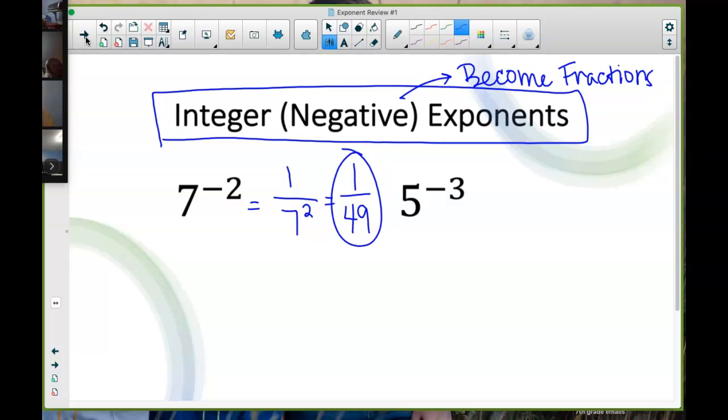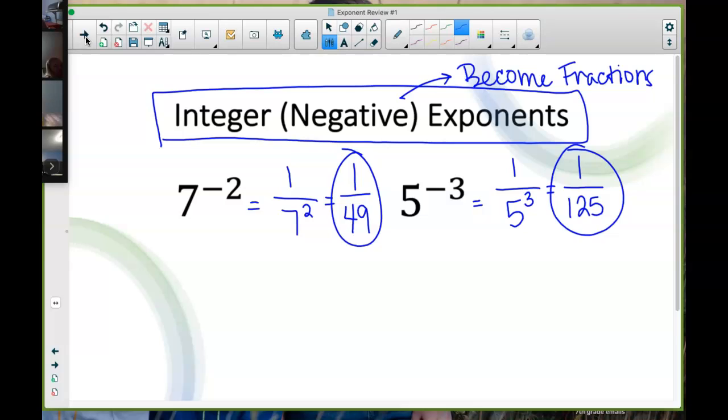Let's do the next one. 5 to the negative third power is 1 over 5 to the third power. You always make it a fraction. Then 5 to the third power is 125, so it's 1 over 125.